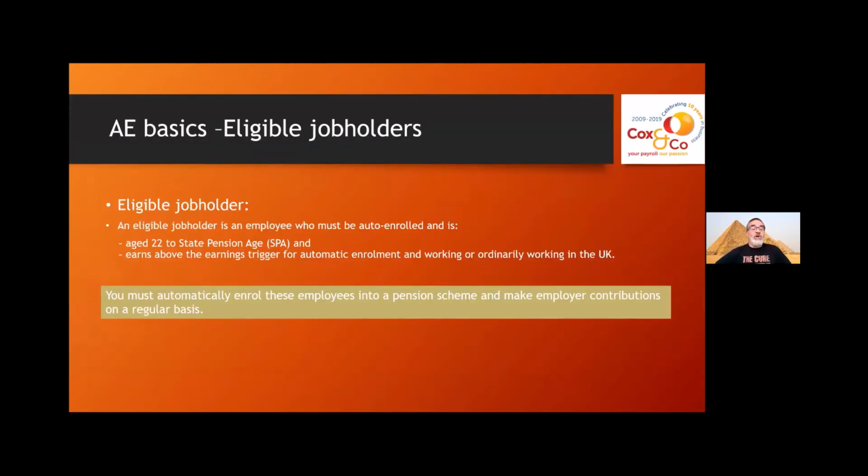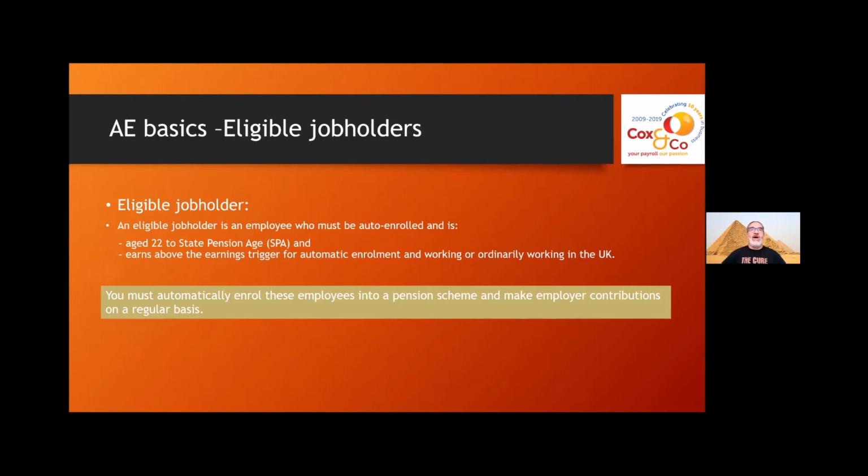So eligible job holders. An eligible job holder is an employee who must be automatically enrolled and so they're between the ages of 22 and state pension age. State pension age used to be quite straightforward. Then it became quite complicated because people would hit state pension age at the age of 65 and 11 months or something daft like that.